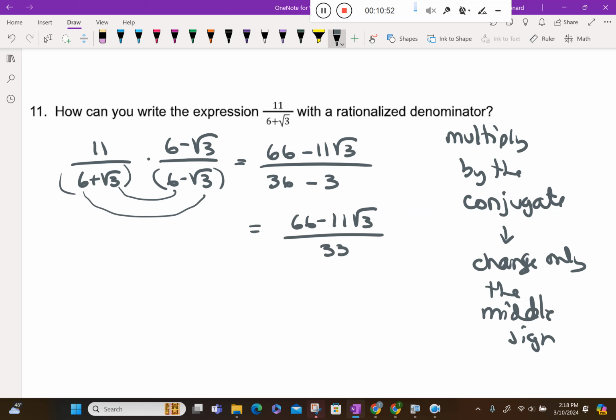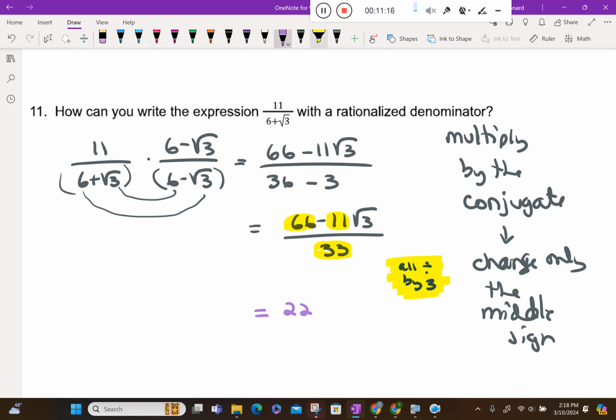Now when we look at this, we should realize that 66, 11, and 3 are all divisible by 3. So we need to reduce this fraction. When we do, our final answer will be each of those terms divided by 3. So we have 20. I take that back.